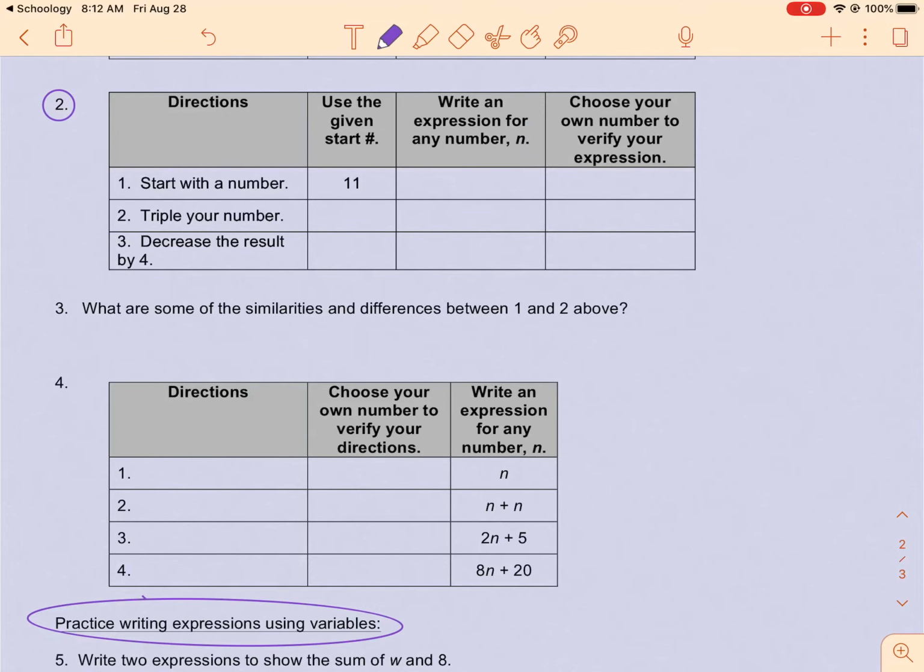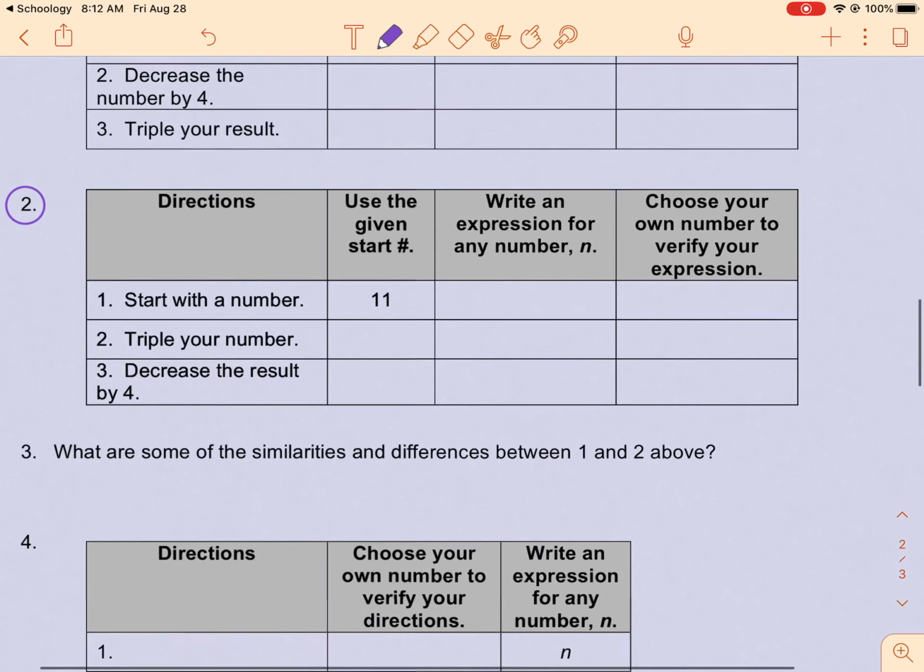So on this number 2 here, I'm sure you've seen a bunch of different problems like this, but the idea is you're starting with some number. In this case, they gave us 11, and it says to triple it. So to triple something means to multiply by 3. So you're taking 3 times 11, and 3 times 11 is 33.